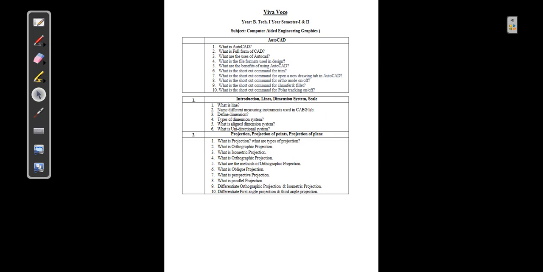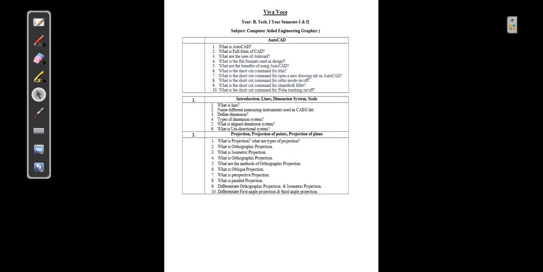After that, coming to the introduction section, it starts with the different types of lines. What is a line? A line is the joining of two points. At the ends there will be two points, and a linear element, linear meaning a straight line, is a one-dimensional element.